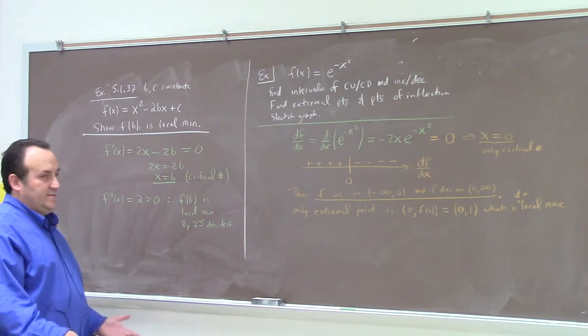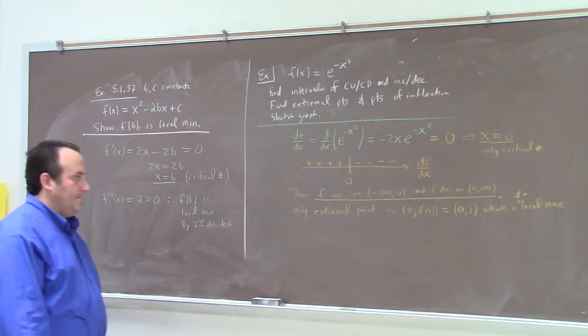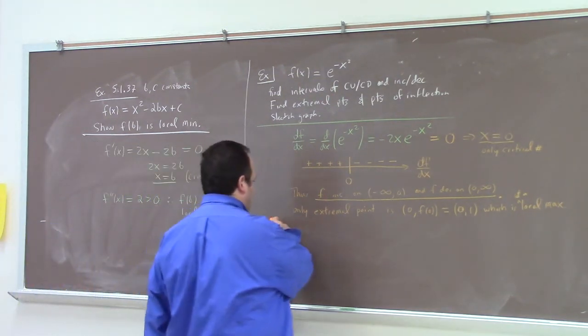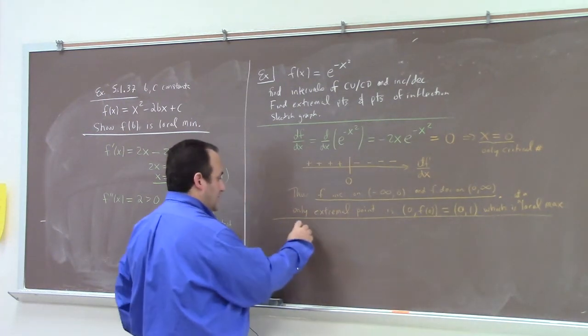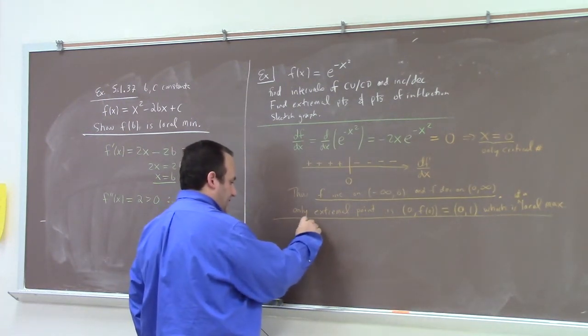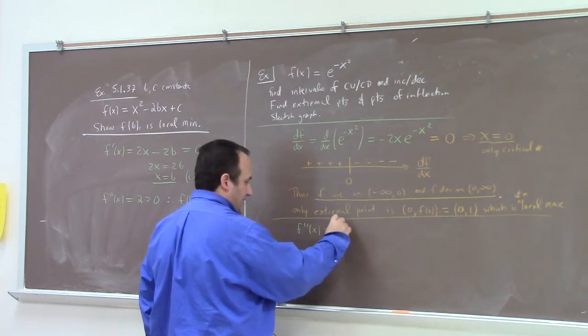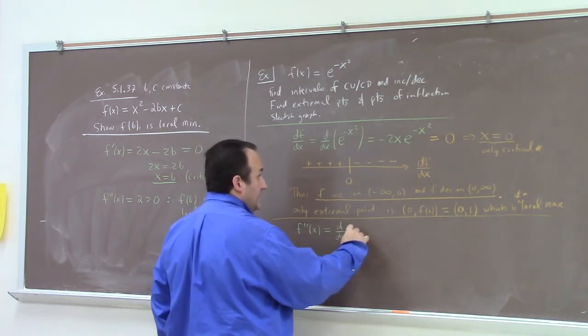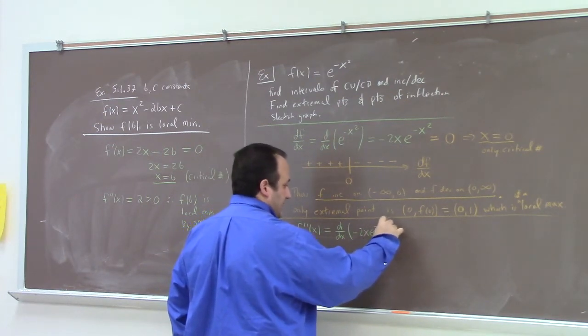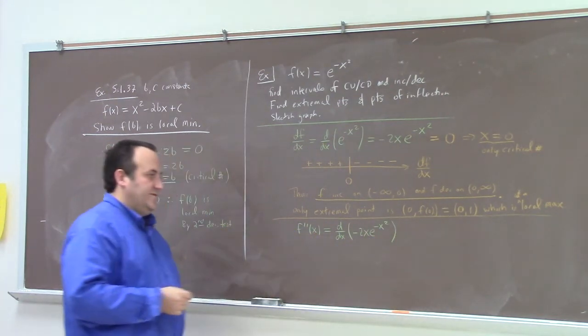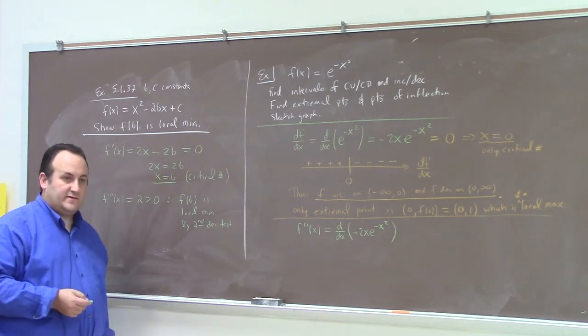All right, what's up next? Concavity, right? So f prime prime of x, what's that equal to? That's d dx of the first derivative, right? That's d dx of minus 2x e to the minus x squared. So this time I have to do the product rule, because it's a product.